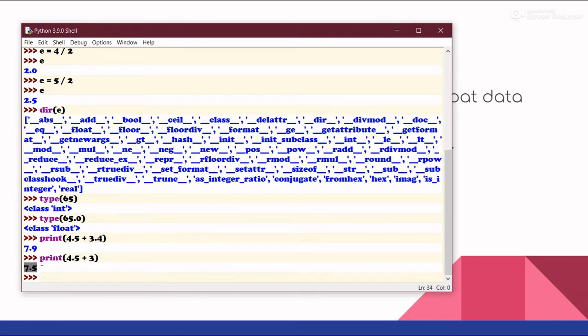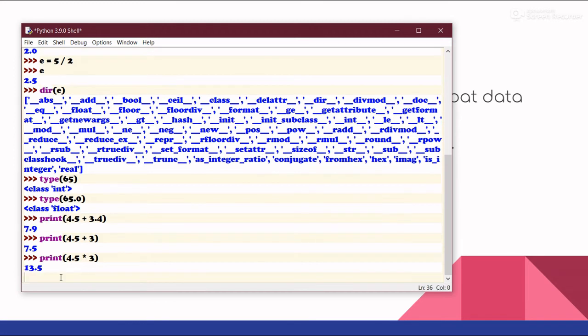We are going to get a float because the result will come in decimal. So Python will convert the whole result into the float data type. Python is very flexible in type conversion. Next up, let's say 4.5 multiplied by 3. Again, we are multiplying it with an integer, but still we are going to get a float value.